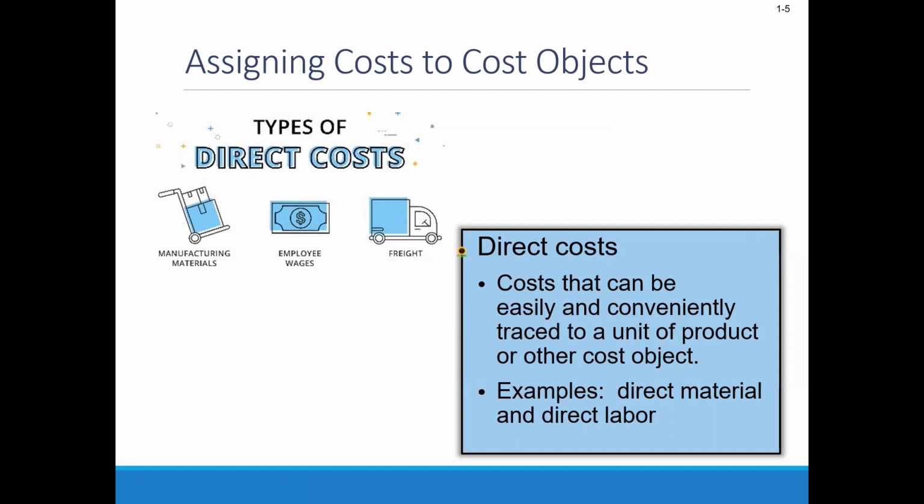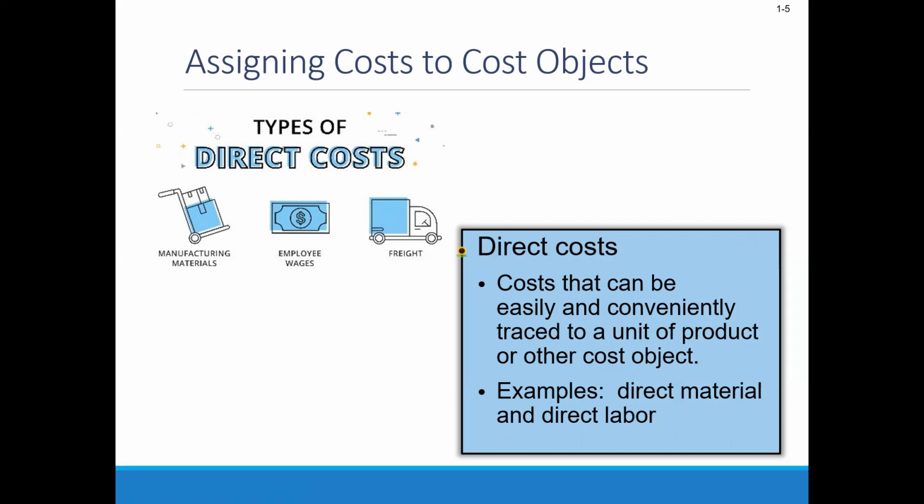Yeah. Direct costs are costs that can be easily and conveniently traced to a unit of product or other cost object. Direct costs are direct materials and direct labor. Now, one of the easiest things I think of is an automobile assembly line, okay?